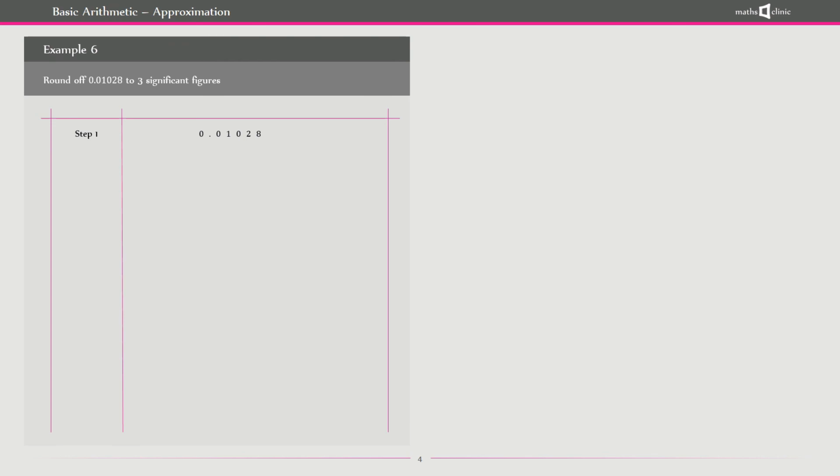Let's make this clear. When you're working with significant figures, the first significant figure is the number that isn't 0. Zeros don't count at the start of the number, so the first 0 does not count, the second 0 does not count. Your first significant figure is 1. But after that 1, every other number including 0 counts.